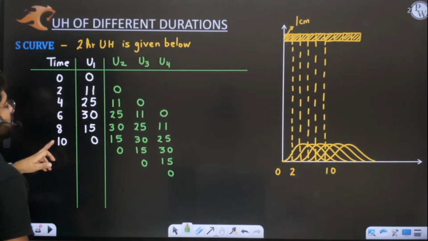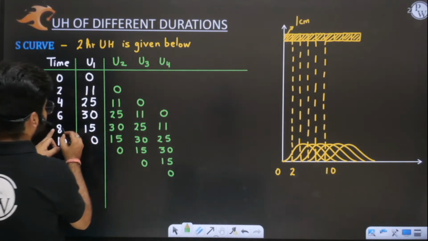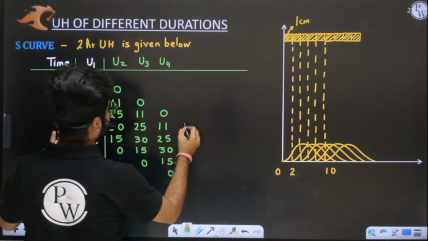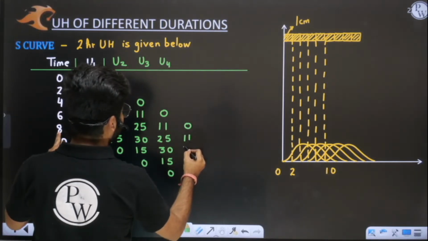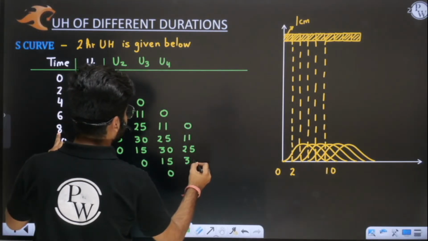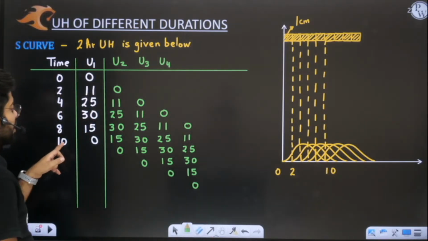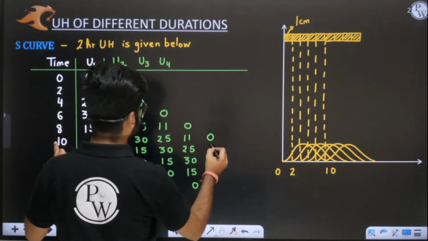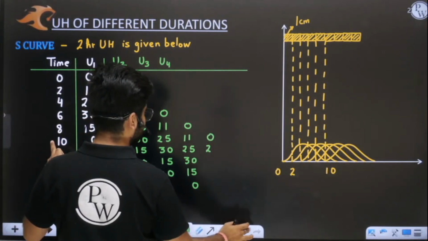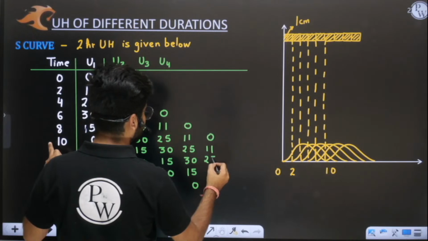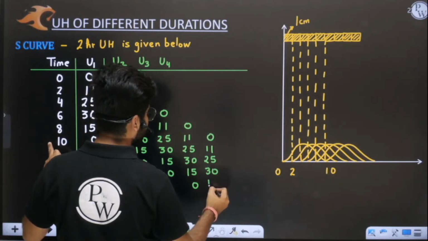Again, the next one starts from 8: 0, 11, 25, 30, 15, 0. Again rainfall will be done, I will start from 10: 0, 11, 25, 30, 15 and 0.